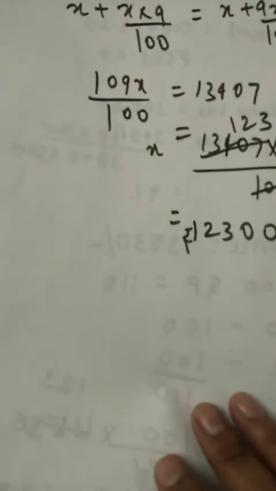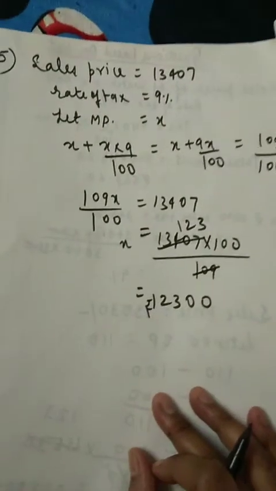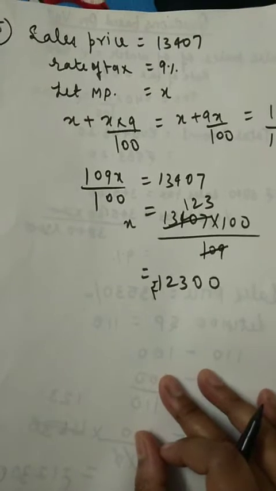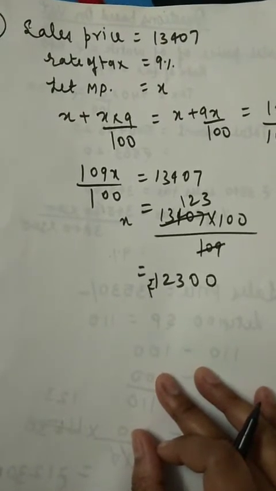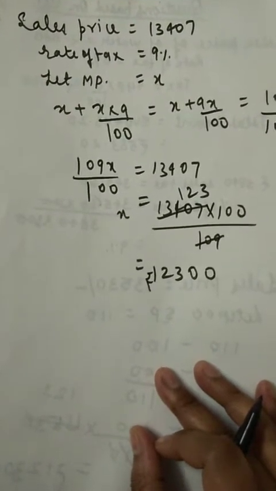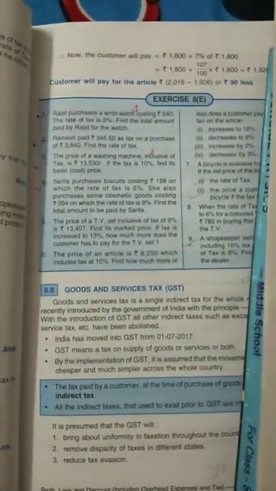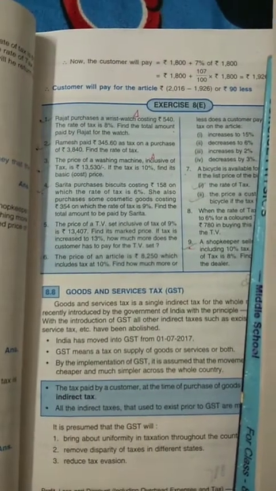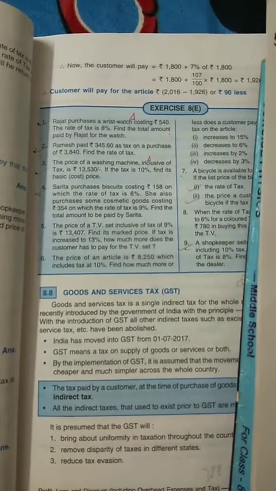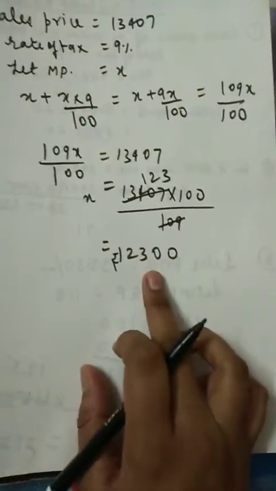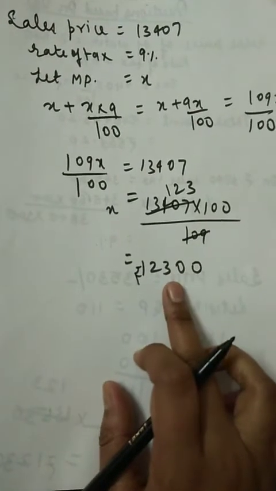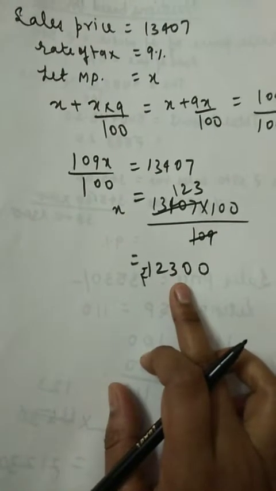After that, they are saying, if the tax is increased to 13%, how much more does the customer have to pay for the TV set? Now on this rupees which we have found, the tax has increased to 13%.